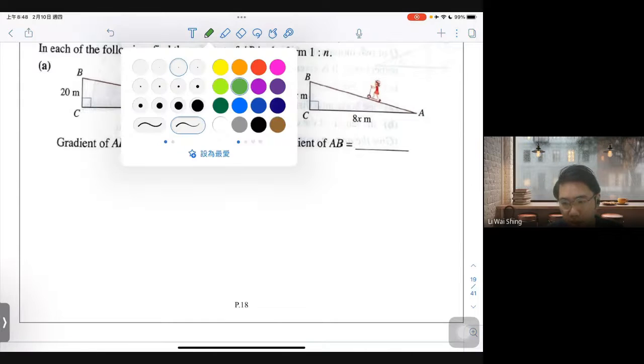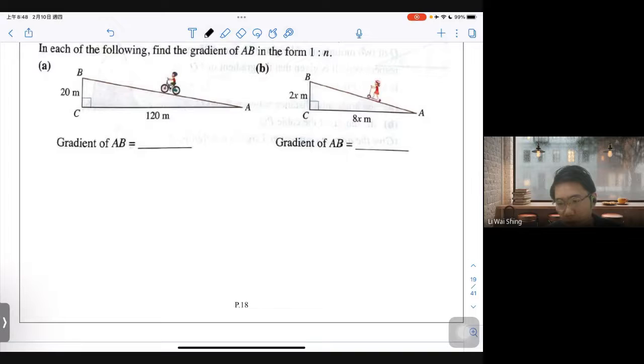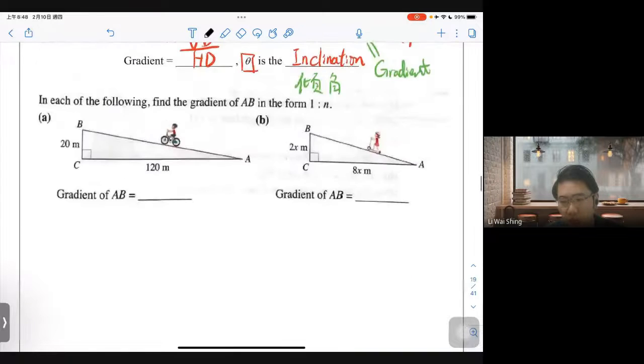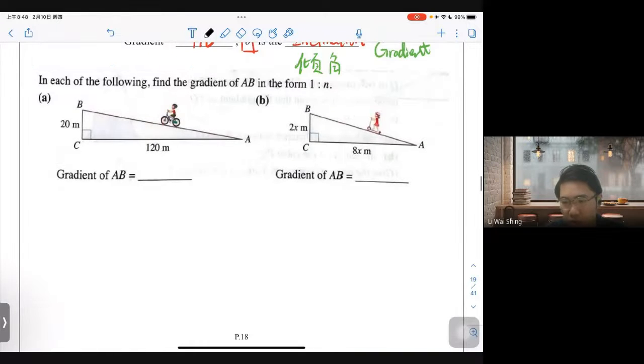Okay, so for this question, I don't want to do that. Yeah, I need to do that. Because gradient, okay, in your geography lesson, it tells you to express it in the form of 1 to n. That's why you need to express it in the form of 1 to n. Okay, see you, John.